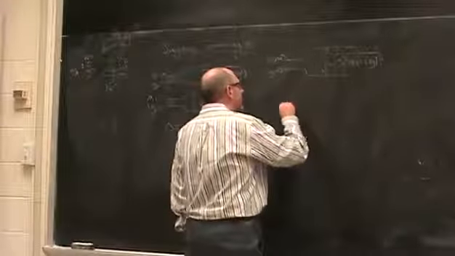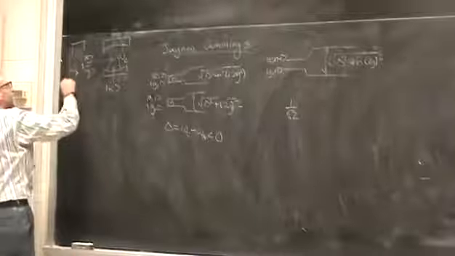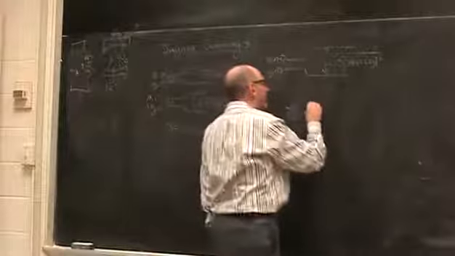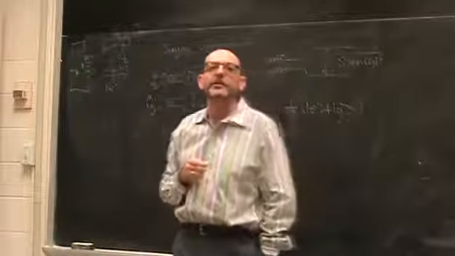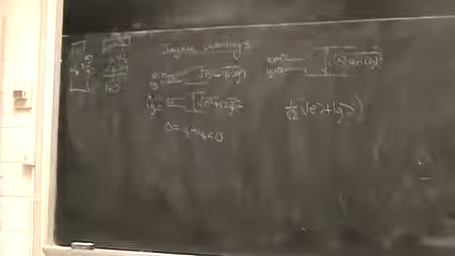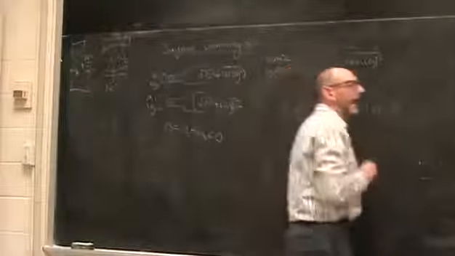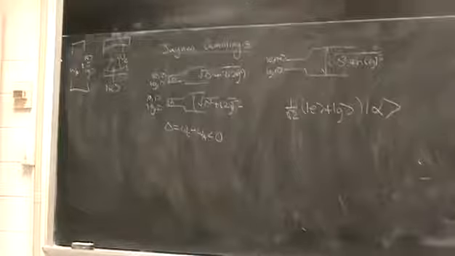I have a Ramsey zone over here, I do a pi over 2 pulse, and I create a superposition of the excited and ground state. And the cavity has a coherent state with a particular amplitude, because I shine in with a microwave horn a certain amount of microwave energy into this cavity.